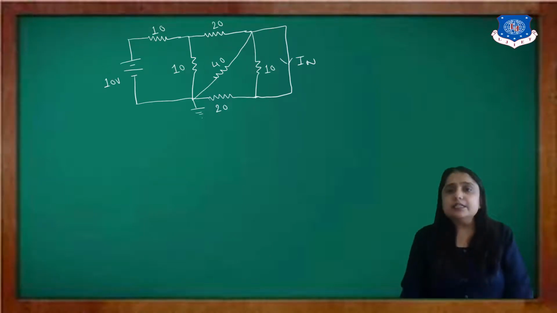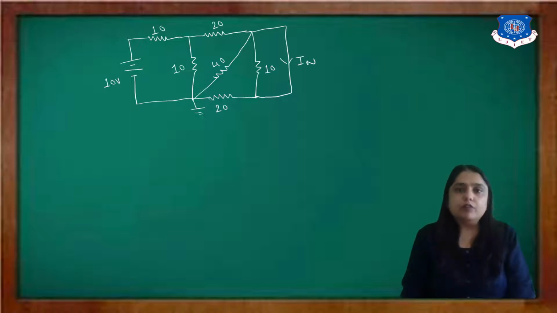If you observe carefully, you have two parallel branches. One branch resistance is 10 ohm and the other branch is the short circuit carrying IN. And we know that current always takes the zero resistance path.